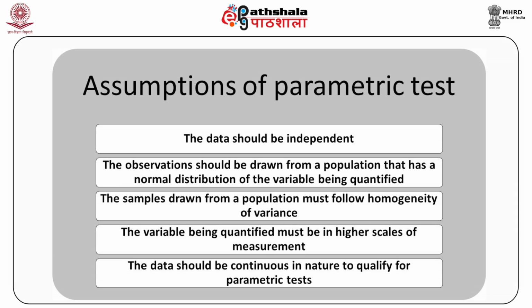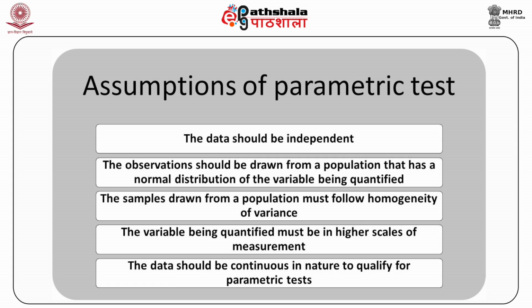The samples drawn from a population must follow homogeneity of variance, that is, samples of a population should have approximately the same variance. There should not be any significant difference in the variances of the samples drawn from a population. This assumption holds more strongly under circumstances when the sample size is small.